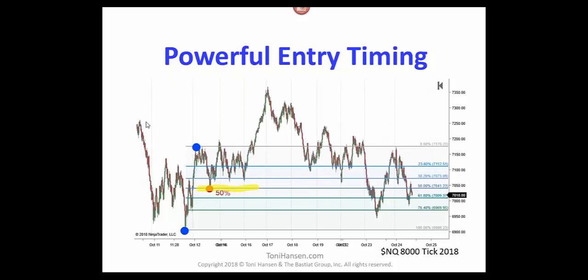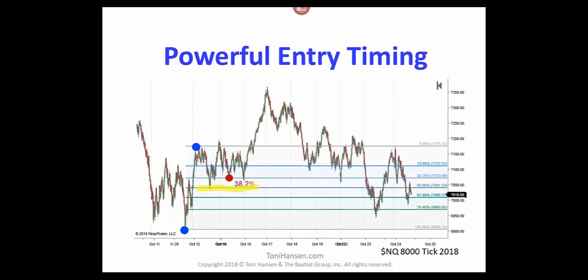Now, I want to think in terms of waves of two. If I only have one move to the downside in a corrective move, the odds are higher that a secondary correction can take place. It doesn't always happen, but the odds are higher that it will happen.